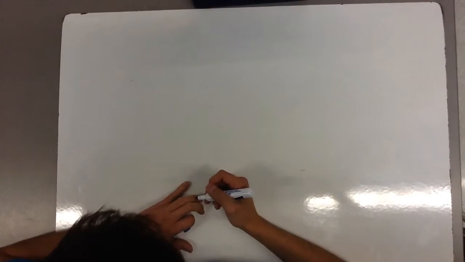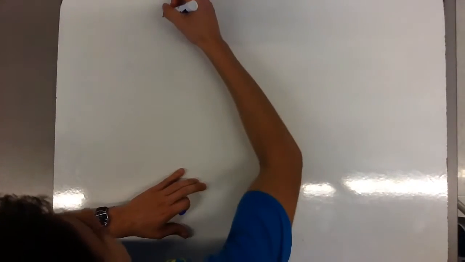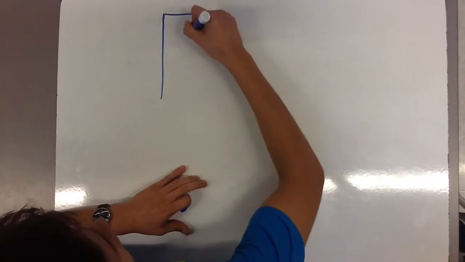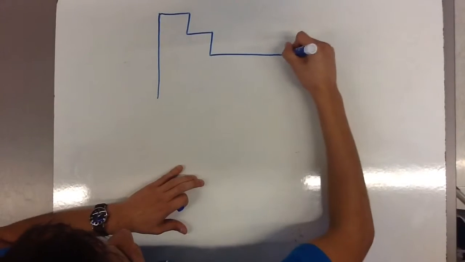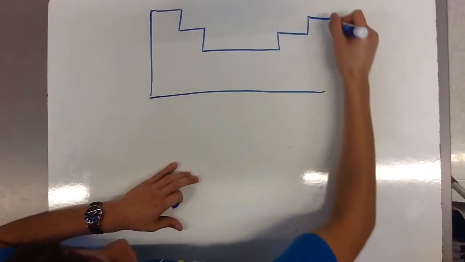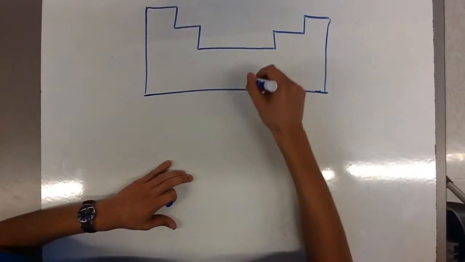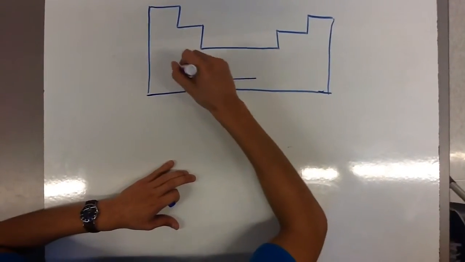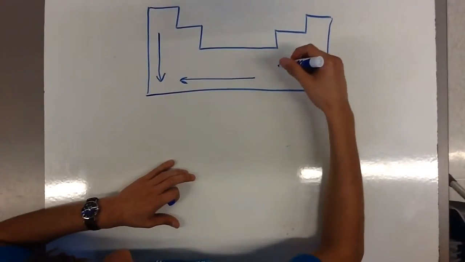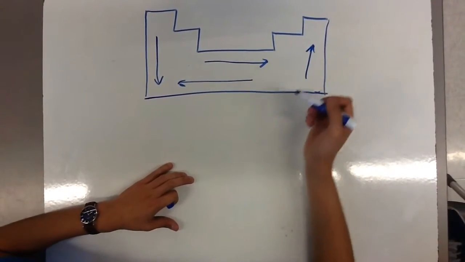So here's an explanation of how ionization energy works. I'm going to be drawing a quick outline of the periodic table. So ionization energy decreases as you go left and down on the periodic table, and it increases as you go right and up on the periodic table.